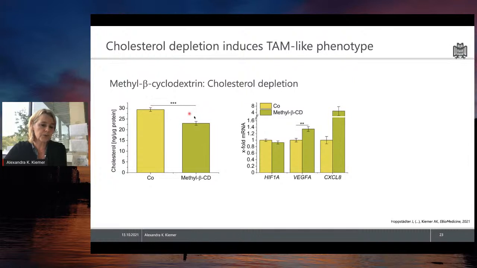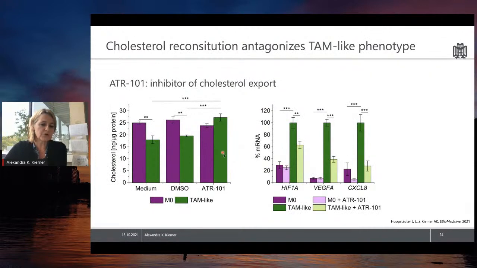And here you see we were successful in reducing cholesterol in these cells, and the reduction of cholesterol induced genes that we had also seen to be elevated in tumor-associated macrophages. In contrast, when we use this efflux inhibitor, this compound, here you see normal TAM-like macrophages have reduced cholesterol levels.